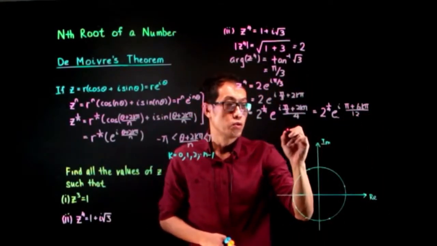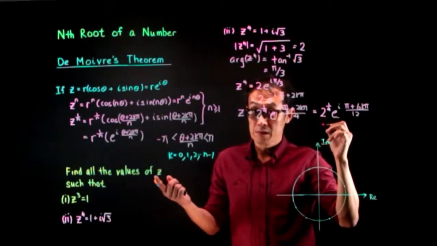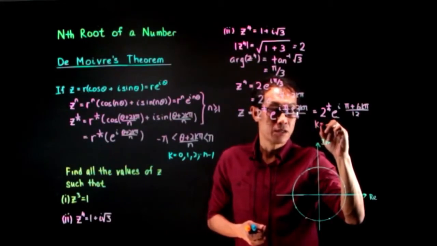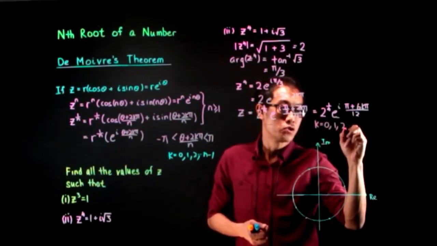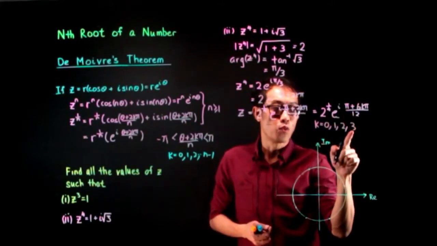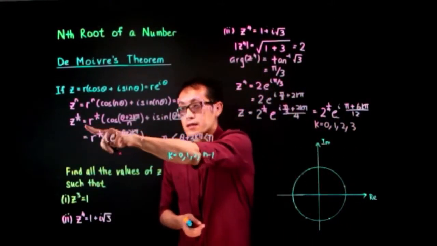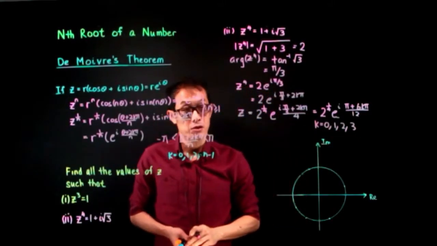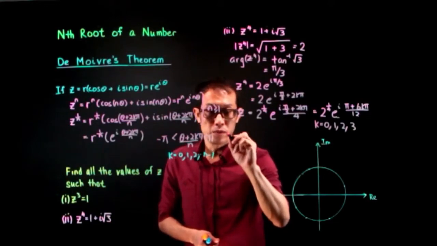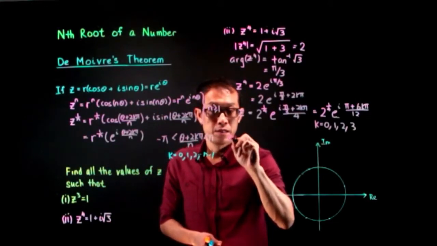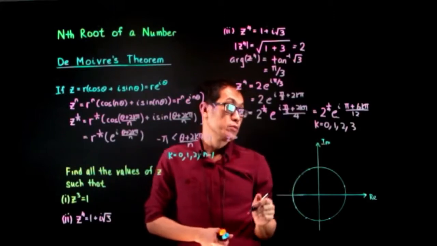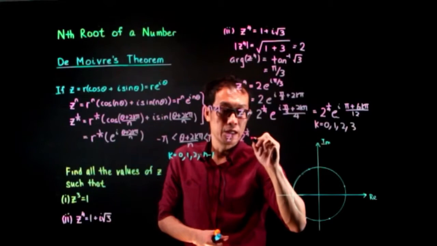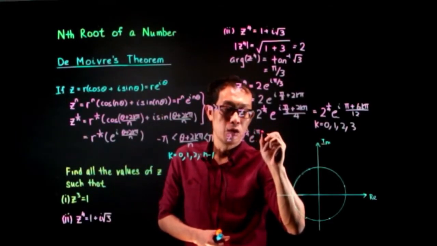What is the value of k? k takes on 0, 1, 2, and 3. It's always 1 less than the value of n, and our n is 4. So the value of z will be: you put 0 inside, z will be 2 to the power of a quarter e^(i pi over 12).